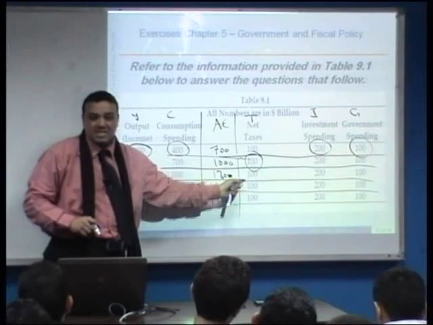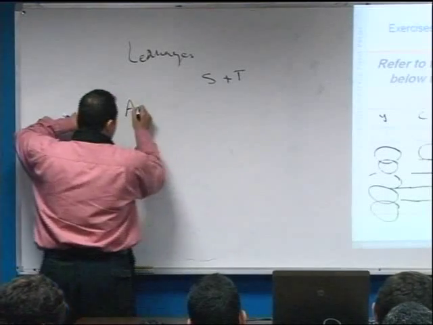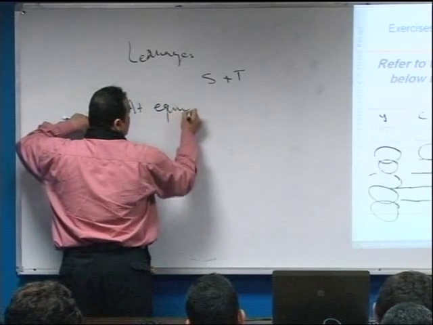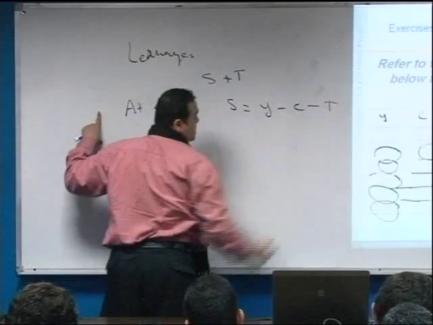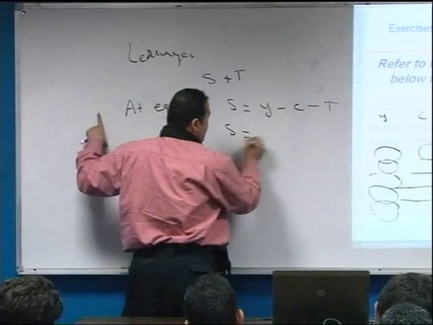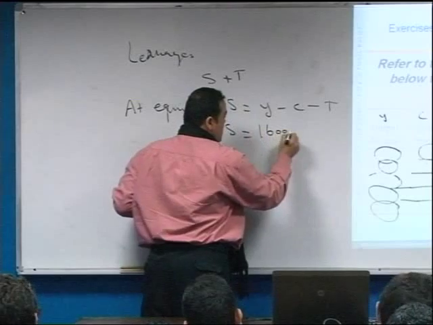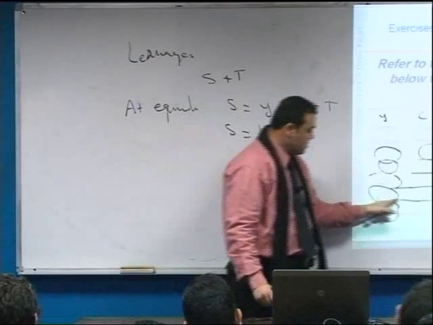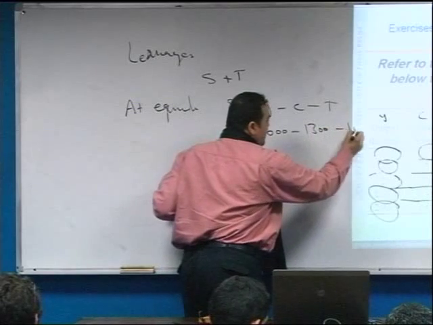How much is the saving? We have to calculate saving at equilibrium. S equals Y minus C minus T. So saving equals Y, 1,600, minus C, 1,300, minus 100.